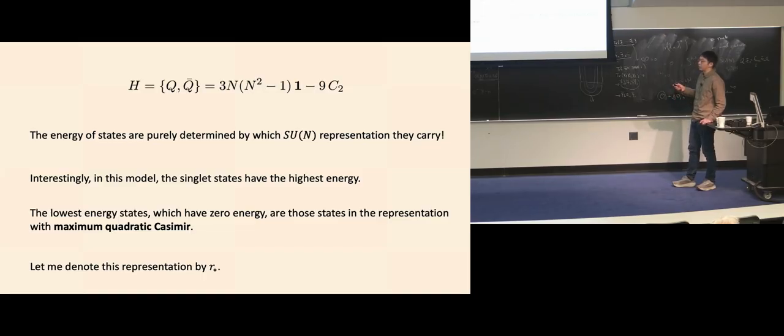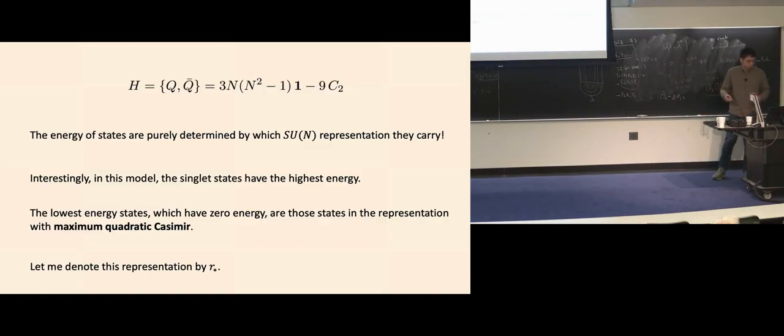If C2 takes its maximal value, then the two terms cancel, and those are the BPS states, or the zero energy states. Let me denote this representation by R star. And now I will discuss a little bit more what this representation is.